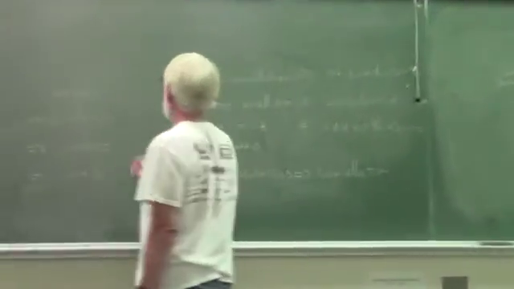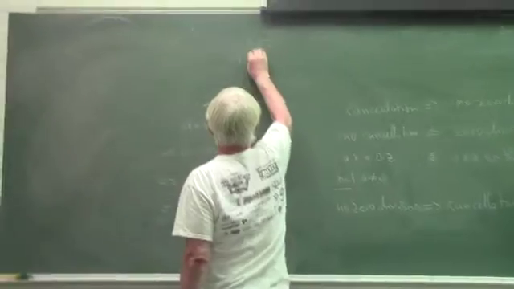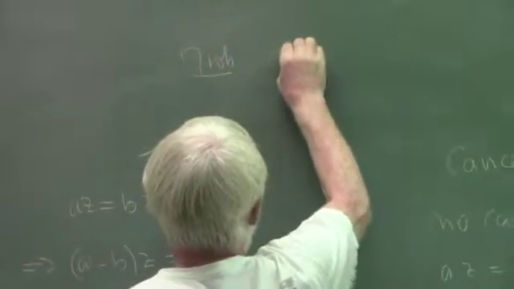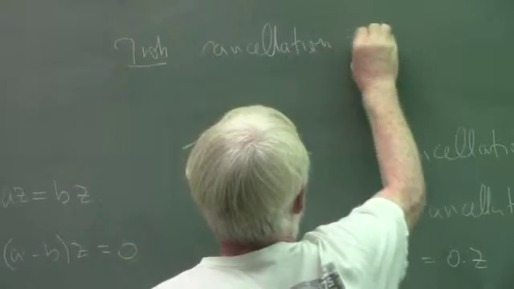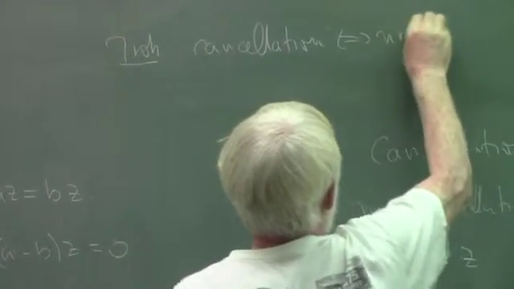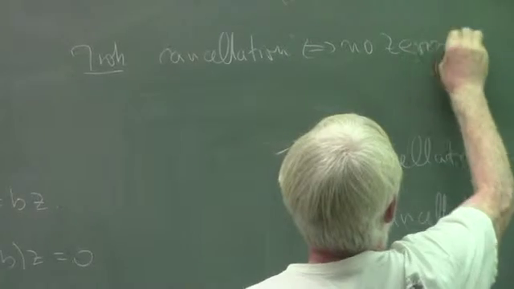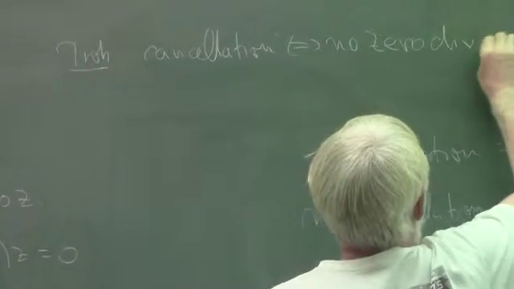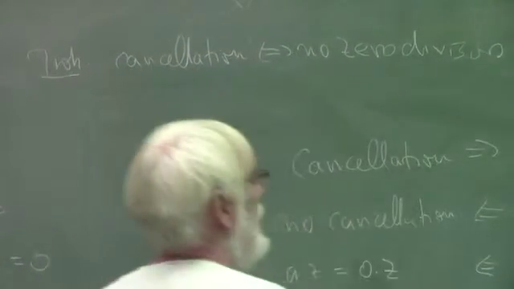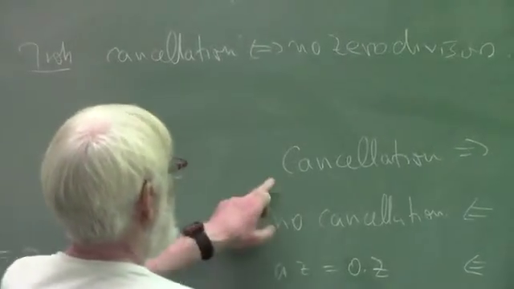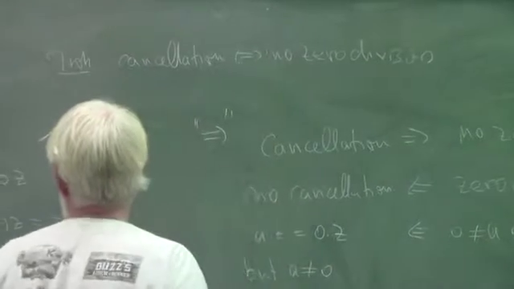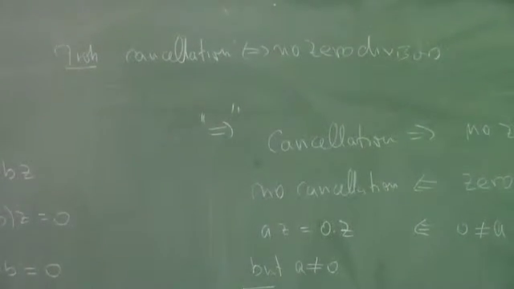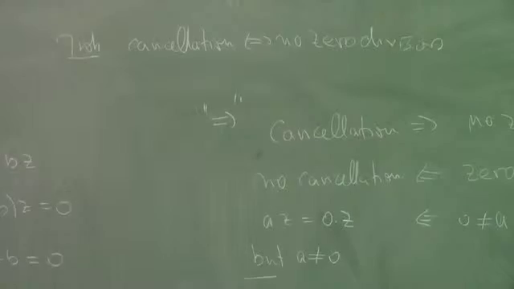So the problem was cancellation if and only if no zero divisors. Okay, I see. So this one here is this direction. This one.